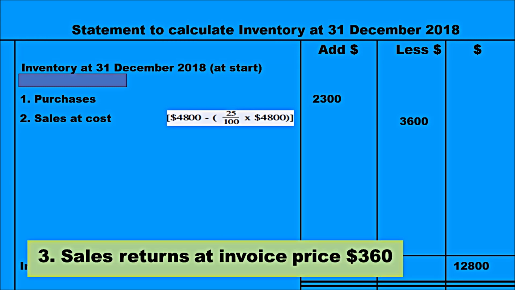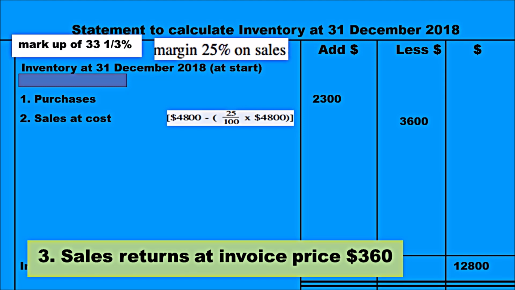Next, sales returns at invoice price. Again, we need to convert because it is given at invoice price. Since markup is 1/3, margin would be 1/4, representing 25%. The calculation would be the invoice price minus the element of margin. That will go in the column to add: sales return at cost, $270.